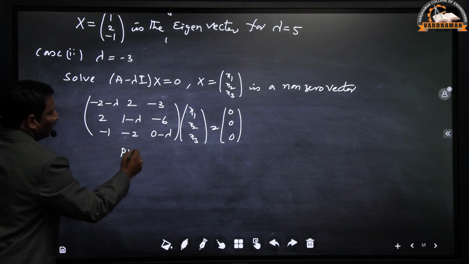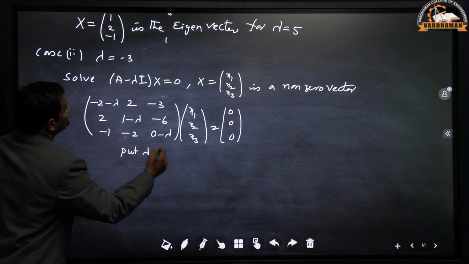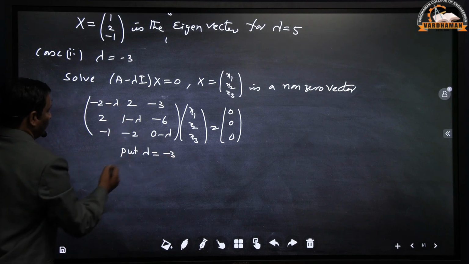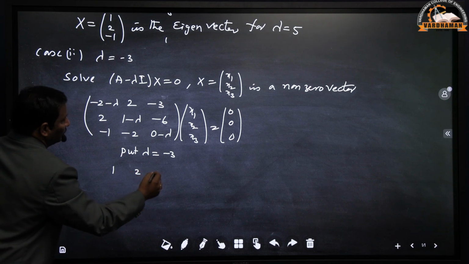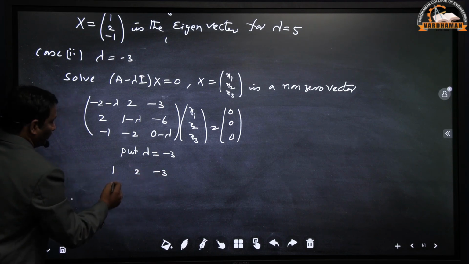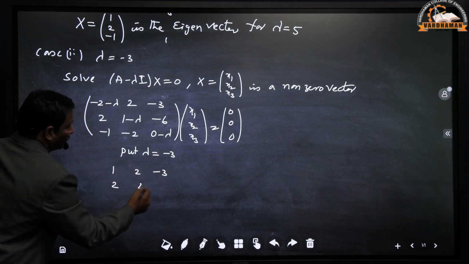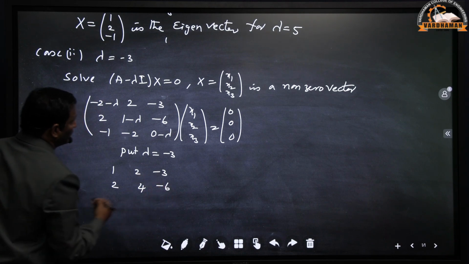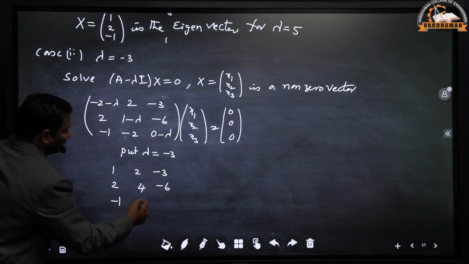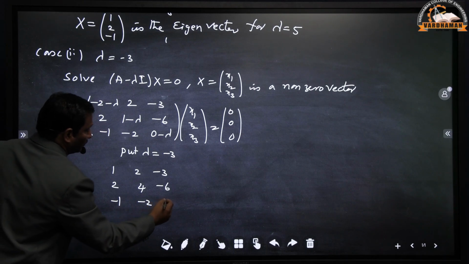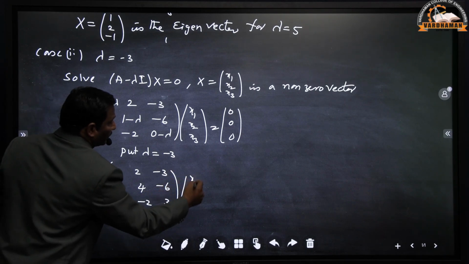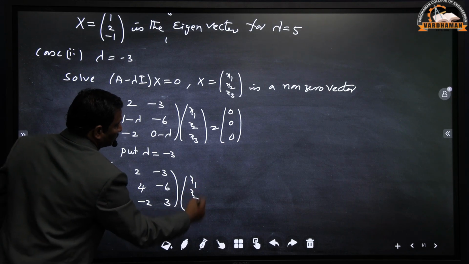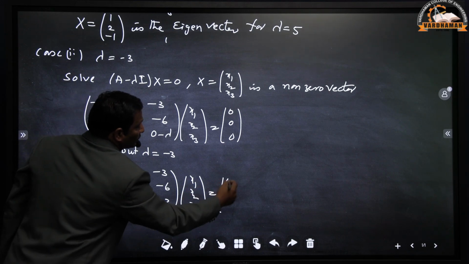Now substitute the lambda value, put lambda equal to minus 3. So we will get 1, 2, minus 3; 2, 4, minus 6; minus 1, minus 2, 3, into x1, x2, x3 equals to 0, 0, 0.